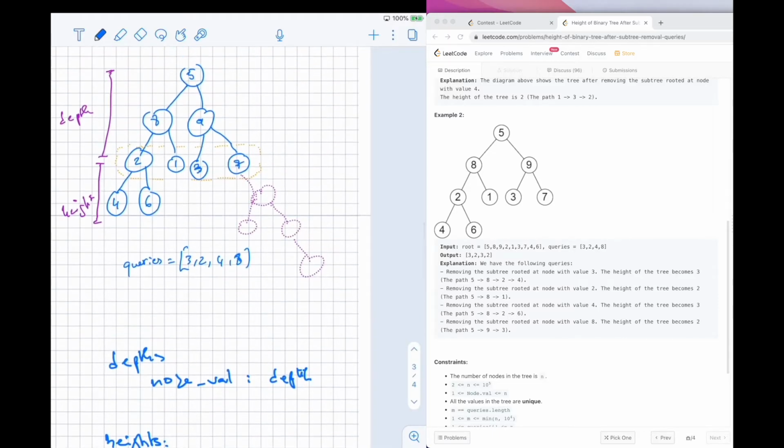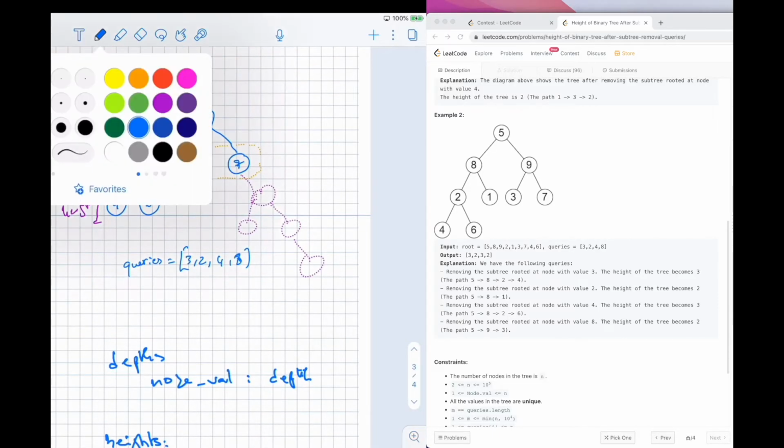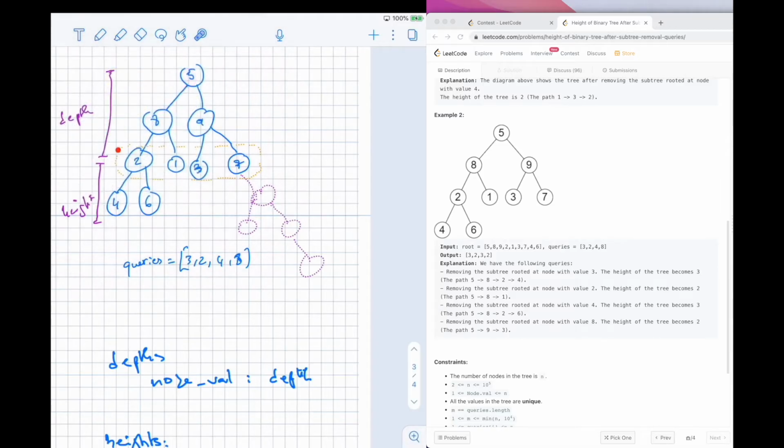And the other thing we need: when we get a query for a node, we want to be able to tell who are the elements that are in the same level. We can't call them siblings because siblings are only those that have the same parent, but maybe we can call them adjacent or something like that.